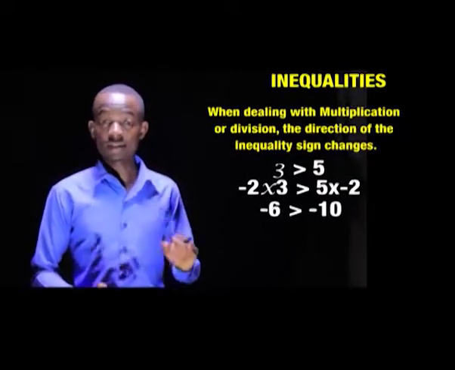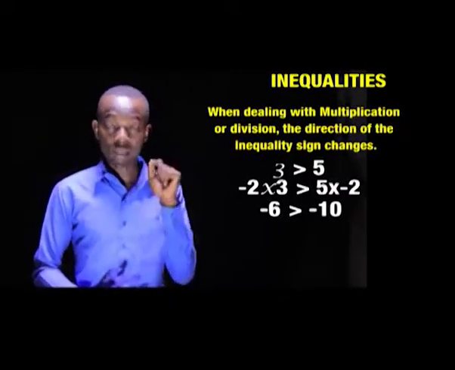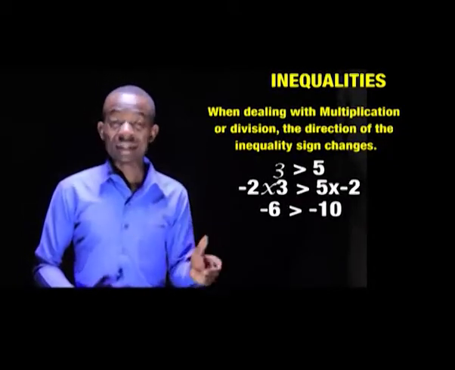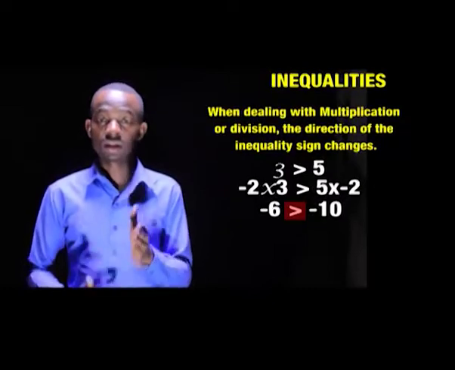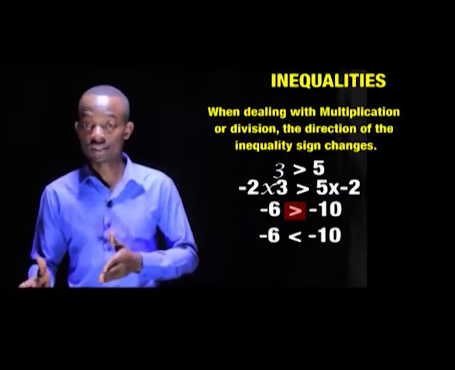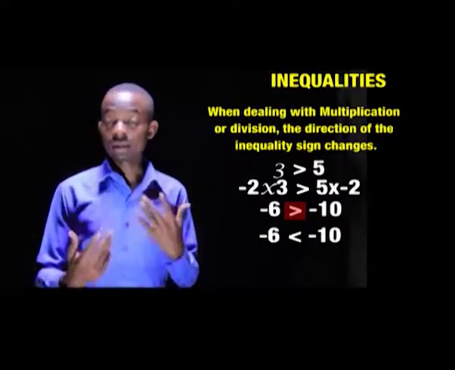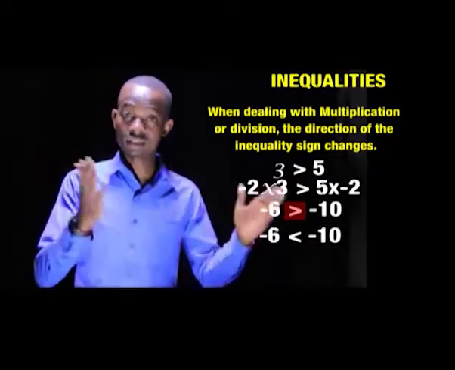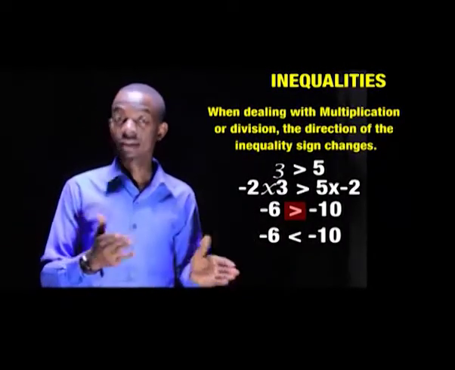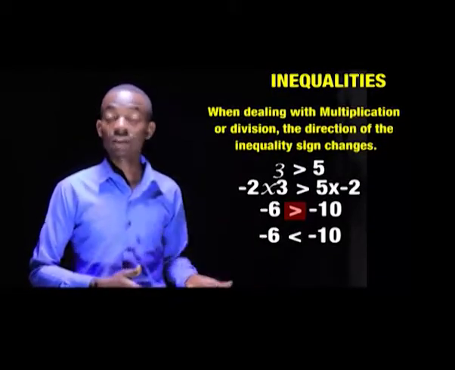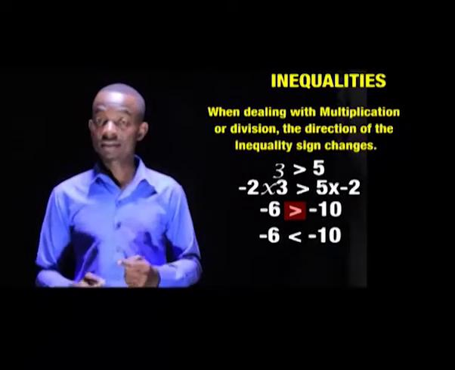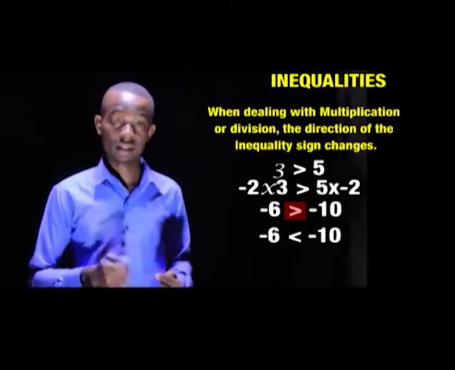Now that I have multiplied with a negative number, the direction in which the inequality sign was facing changes. What I mean is, if I had a greater than sign, it changes to a less than sign. If I had a less than sign, when I multiply by a negative number, it changes to a greater than sign.